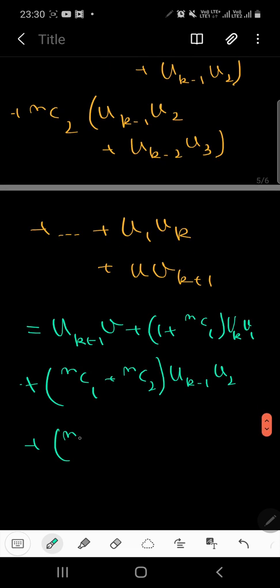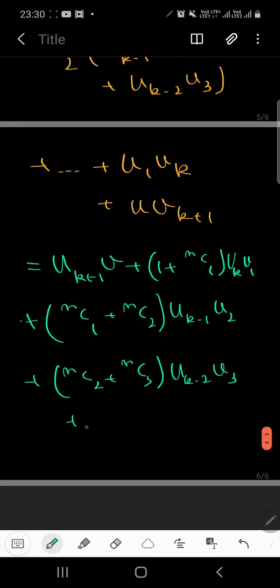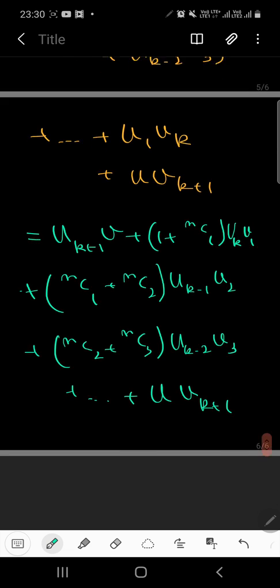Then you will have nC2 plus nC3 u_{k-2} v_3, and this will end at u v_{k+1}.